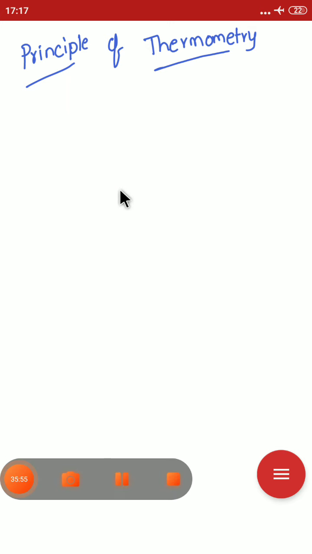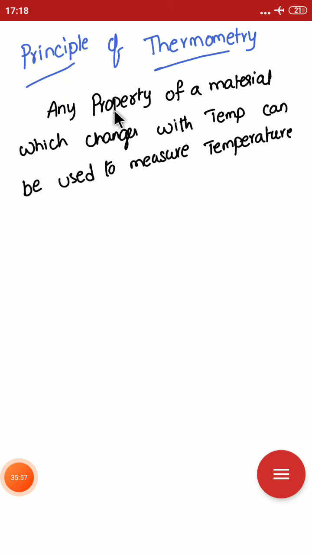Any property of a material which changes with the temperature can be used to measure a temperature. An example will give a better understanding. The expansion of solids, gases, and fluids can be used in a thermometer.